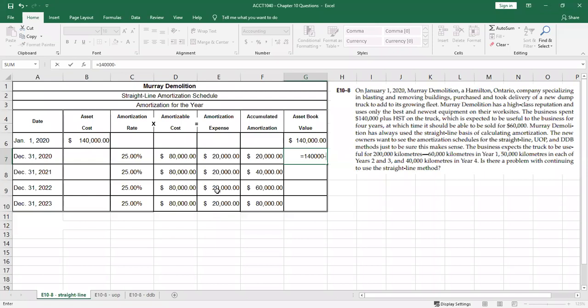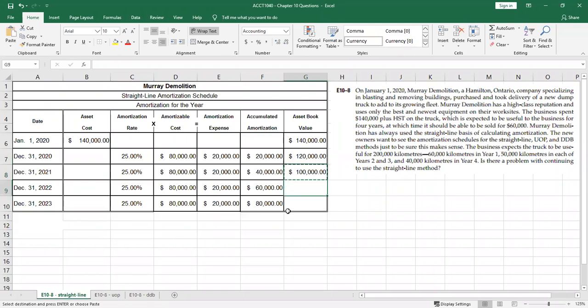So $140,000 minus $20,000 worth of amortization that's accumulated after year 1 gives us an asset book value of $120,000. After 2 years, the asset book value is $100,000. How do we get that? Well, $140,000 is the historical cost, and now we've accumulated $40,000 worth of amortization. Asset book value is $100,000.